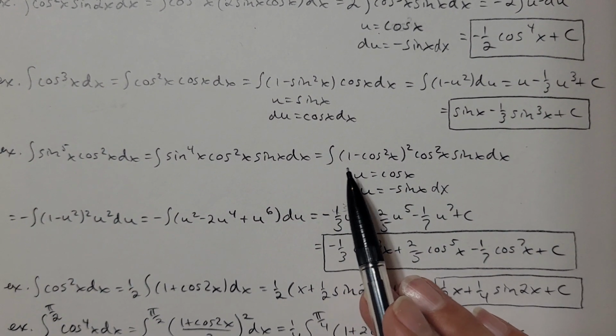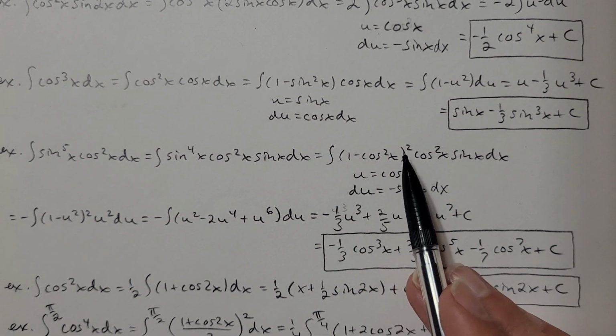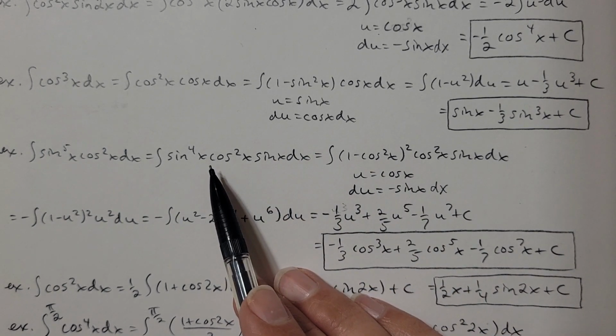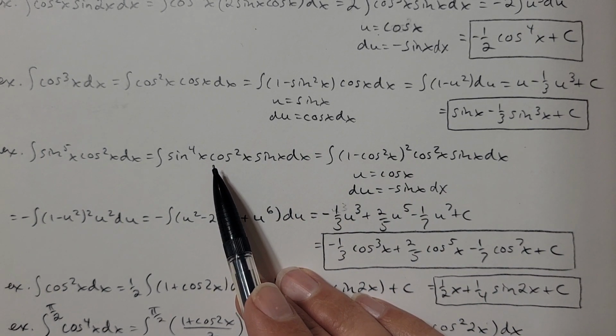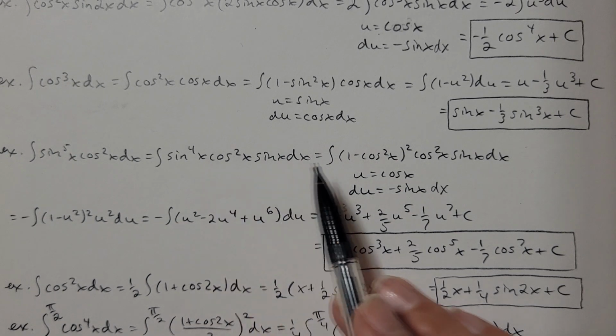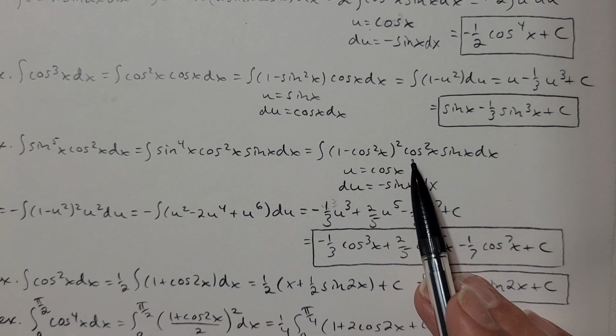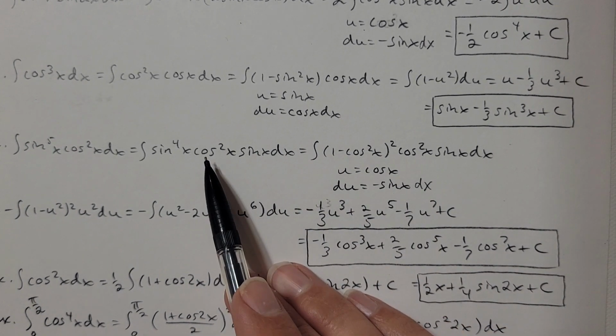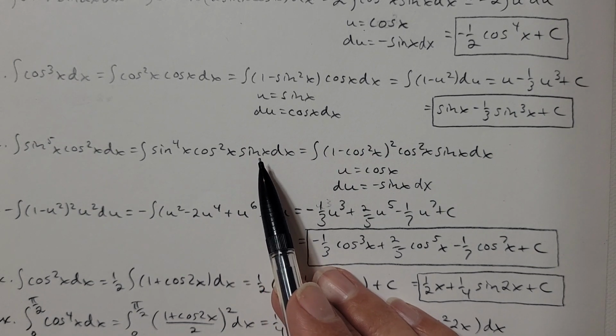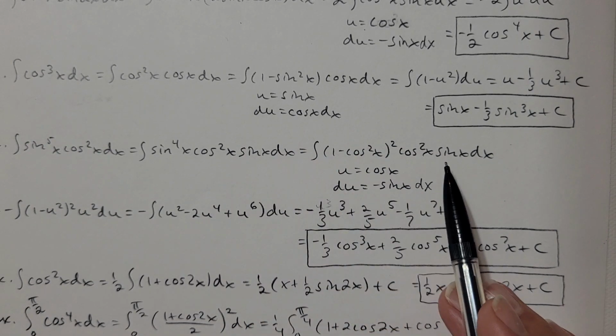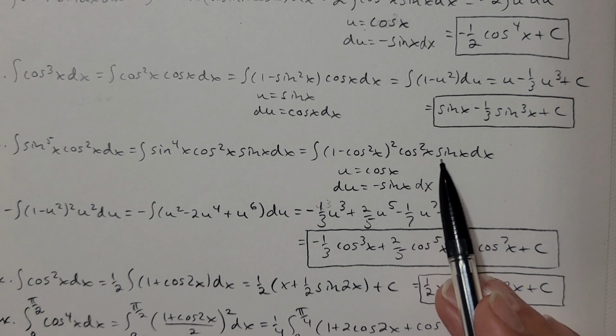So I've got 1 minus cosine squared x, squared, because sine squared x squared is sine to the 4th of x. And then times, I still have this cosine squared x times sine x part left inside the integral. I'll just leave that as is.